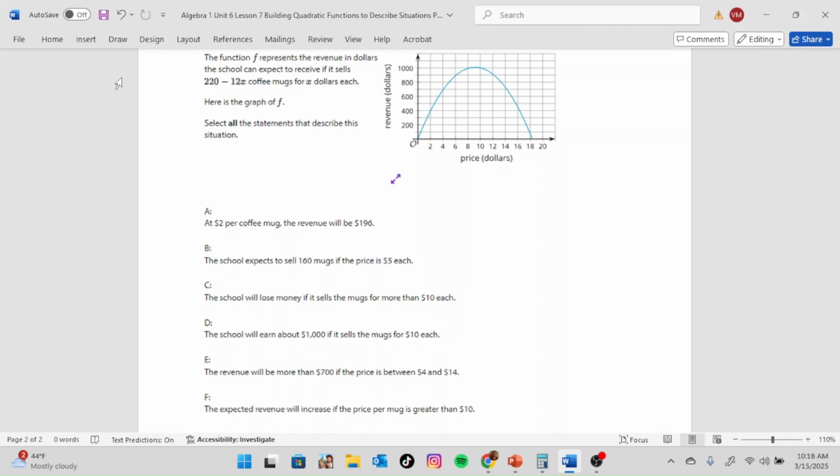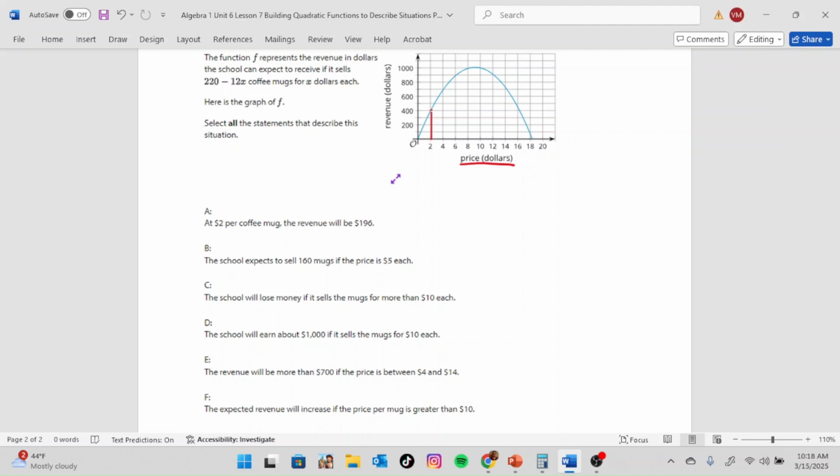So choice A says that at $2 per coffee mug, the revenue will be $196. Well, the price is the x value. So I want to come over to where the price is $2, and I want to go straight up until I hit the function.